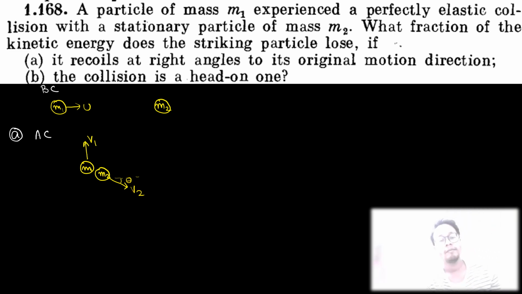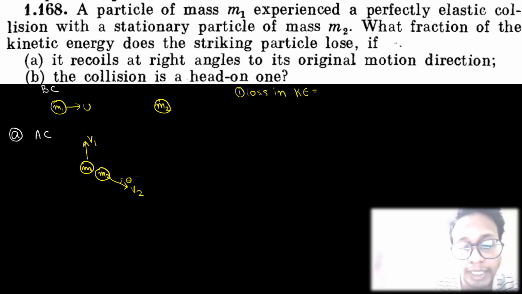My main point out here is, what is the question asking? The question is asking change in kinetic energy or fractional change in kinetic energy. So loss in kinetic energy is what? Loss in kinetic energy is nothing but initial kinetic energy minus final kinetic energy of M1, isn't it?